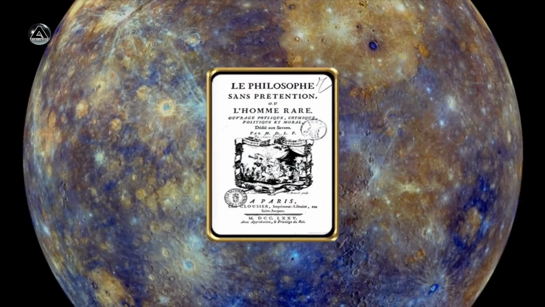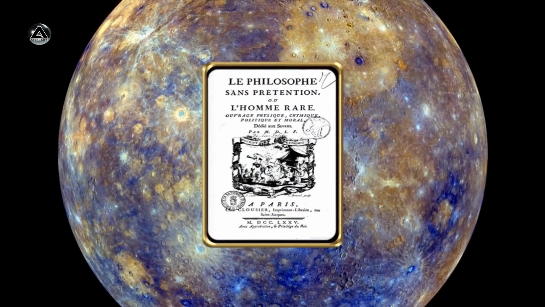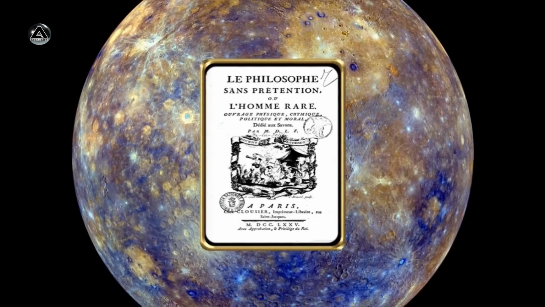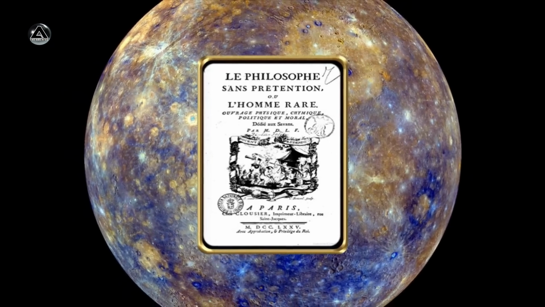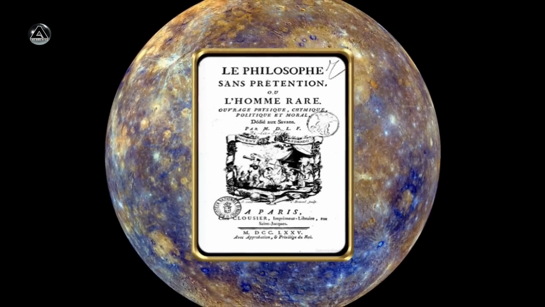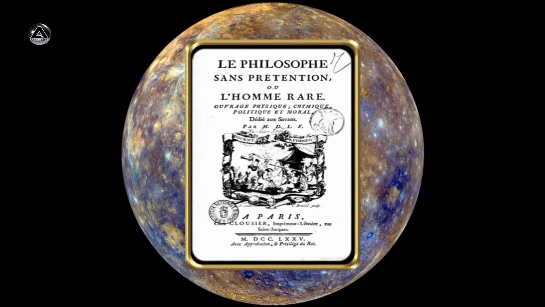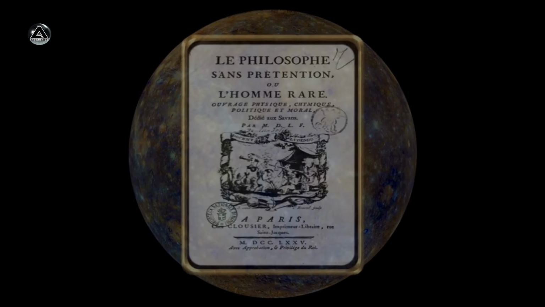In 1775, a Frenchman named Louis Guillaume de la Folie published an account of the doings of beings on Mercury. In Philosophy Without Pretension, a brilliant Mercurian inventor-scientist constructs a flying machine which carries a skeptical fellow scientist to Earth and maroons him here.